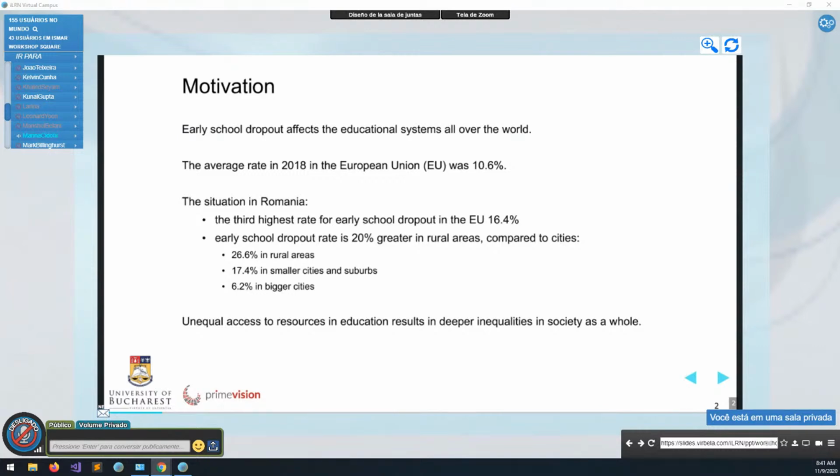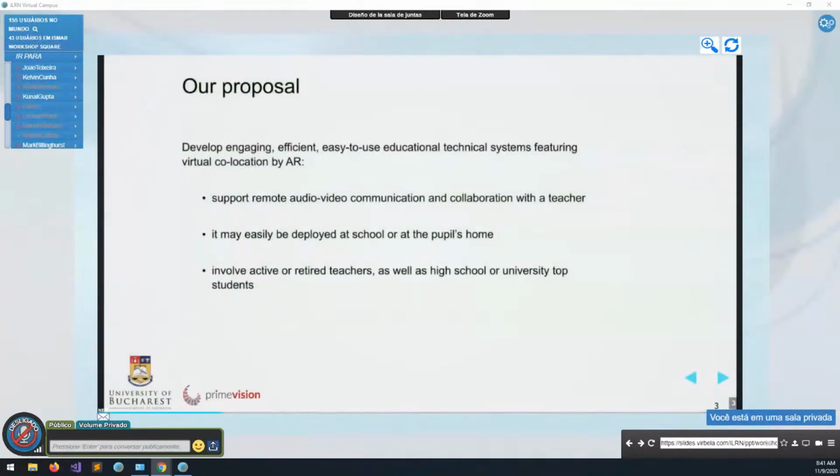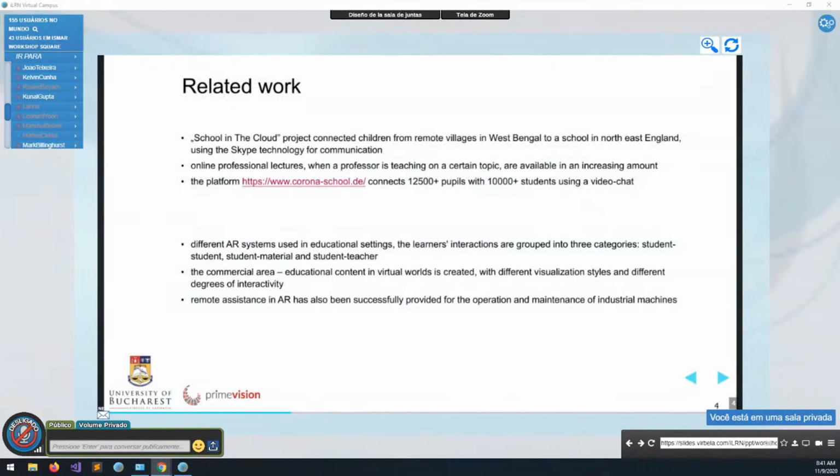When it comes to related work, there has been a great amount of work that regards using technology in education. There are some attempts that use different platforms that do not involve augmented reality. But in this situation, the interaction between the pupil and the teacher is non-existent or is quite limited.